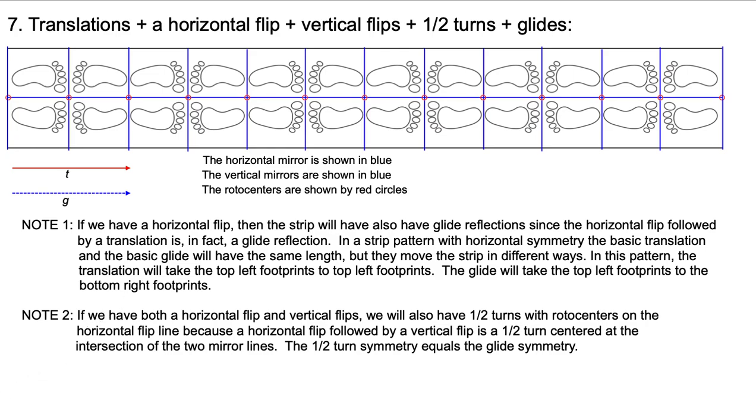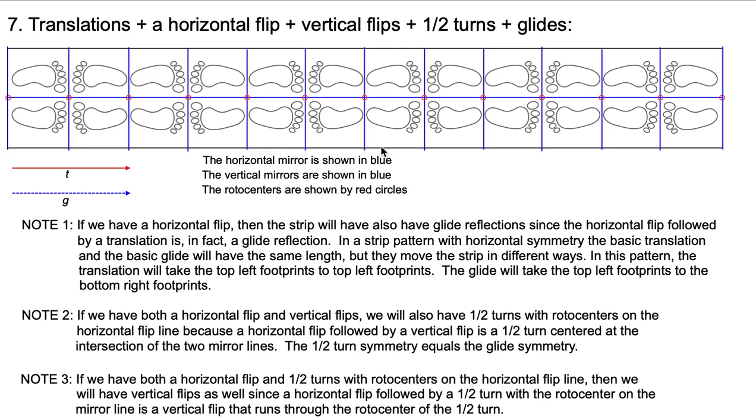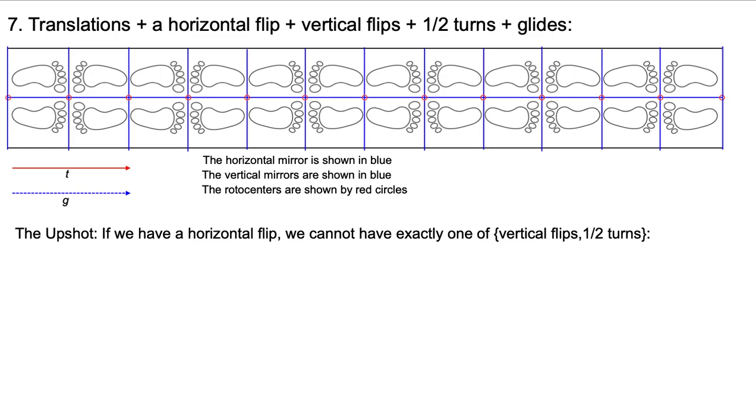It also turns out to be the case that if we have half-turn symmetry and horizontal symmetry, then we will have vertical flips. And that's because if I do a horizontal flip followed by a half-turn rotation, it's the same as a vertical flip. So in conclusion, what we see is this upshot.